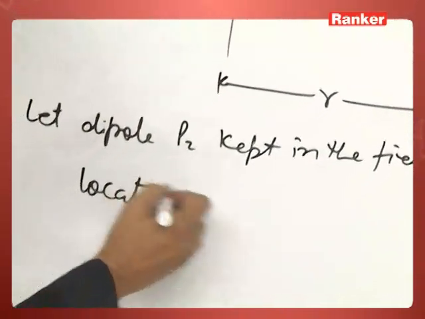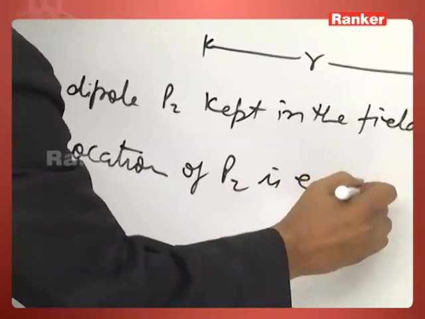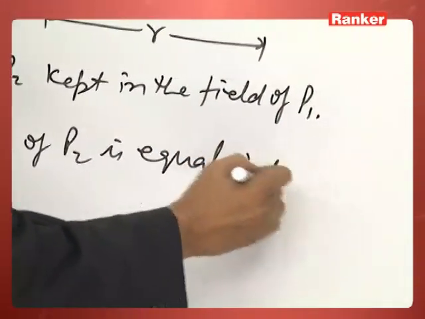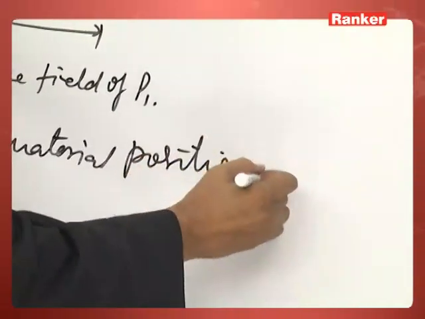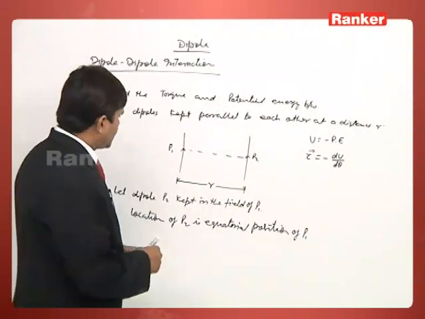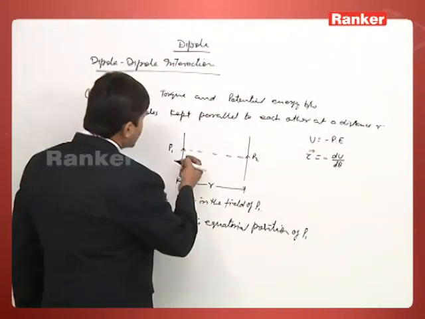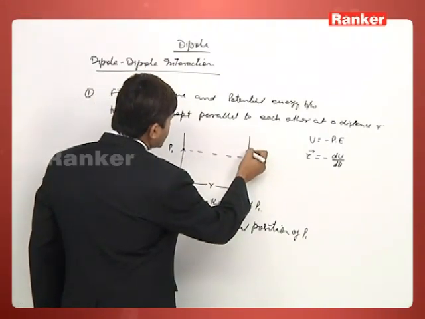The location of P2 is the equatorial position of P1. In the equatorial position, the electric field due to P1 is in this direction.